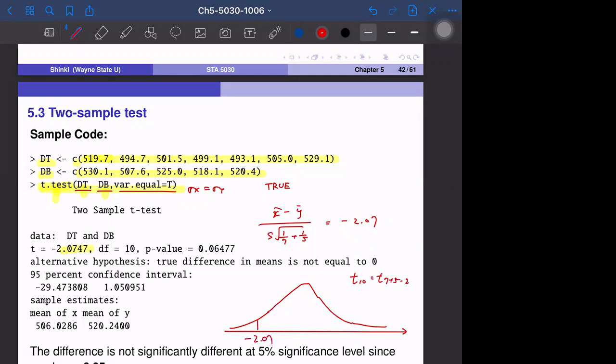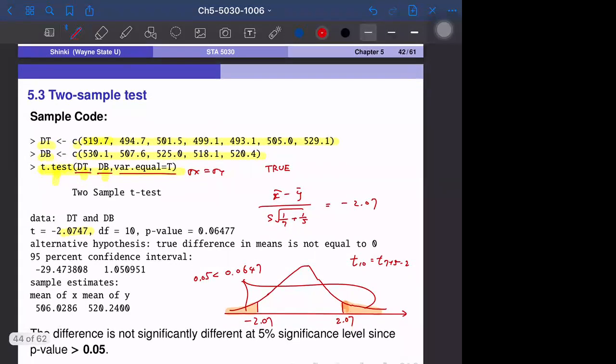Then what's the p-value for this t statistic? The p-value is the area of this plus this, and the total area is equal to 0.0647. If we use the 5% significance level, this is larger than 0.05, so we do not reject the null hypothesis at the 5% significance level.